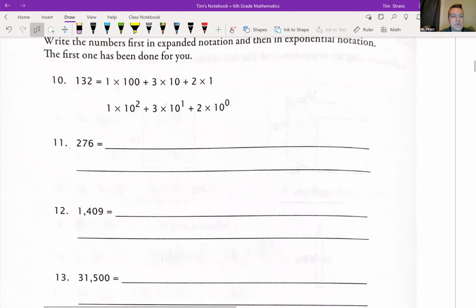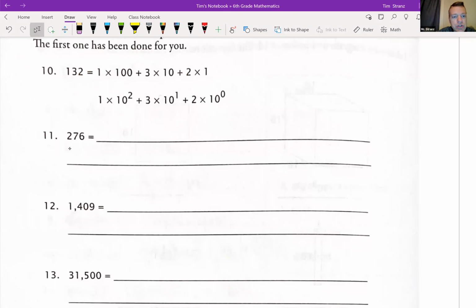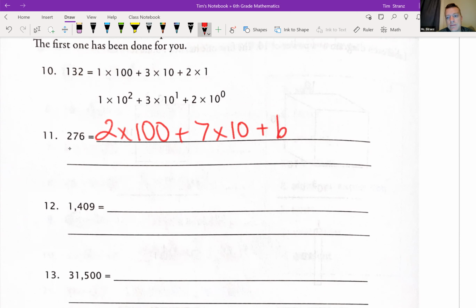Okay, for 276, we're going to do 2 times 100, which would give us the 200, plus 7 times 10, which would give us 70, plus 6 times 1. Right? So that is 276.